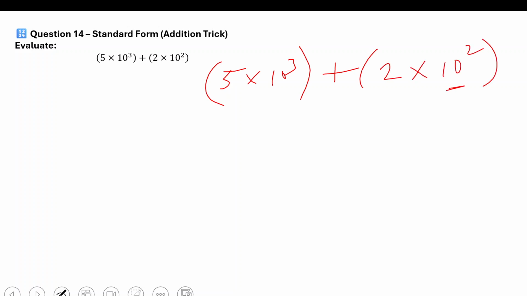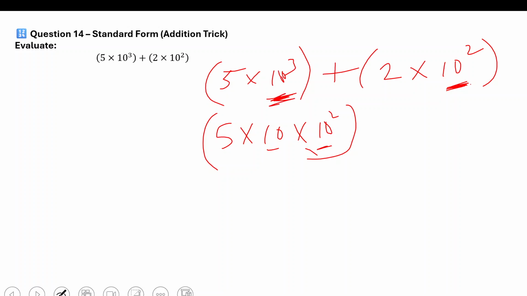Again, I see this one, 10 to the power 2 and 10 to the power 3. I can convert this to look like this. I would do in this bracket, I would say 5 times 10 times 10 to the power 2. So this one, where I'm coming from, is the same thing because these two can give me this 10 to the power 3, right? 10 to the power 3.